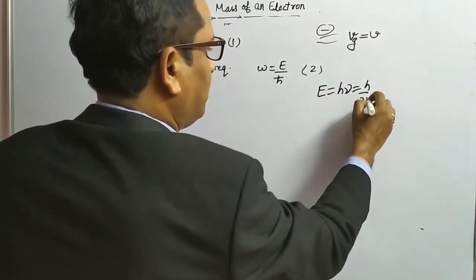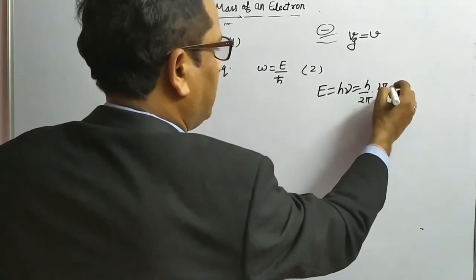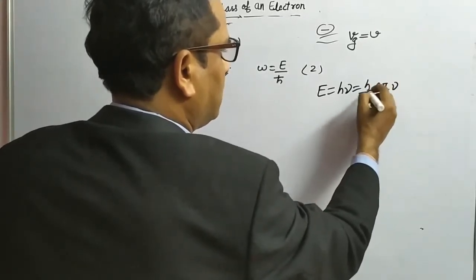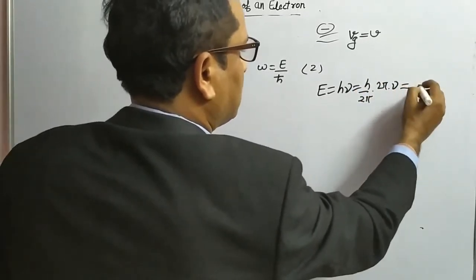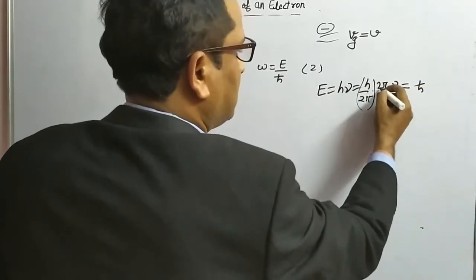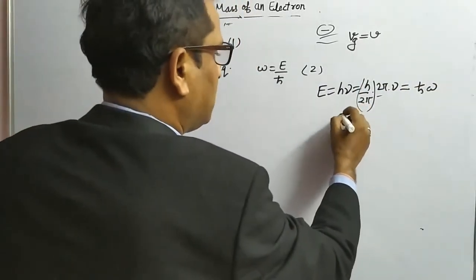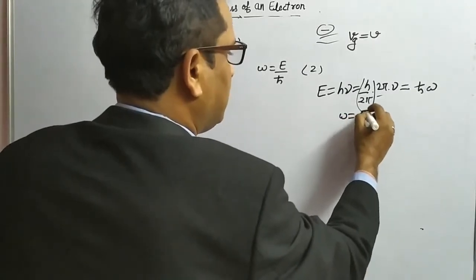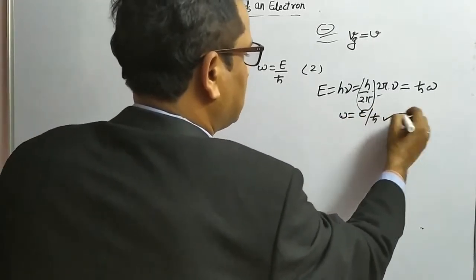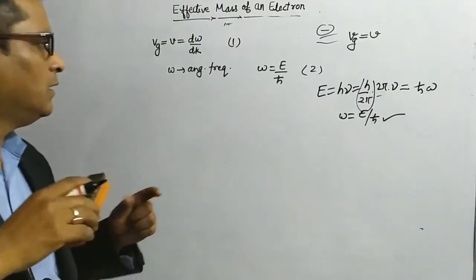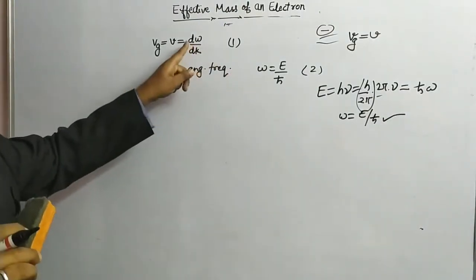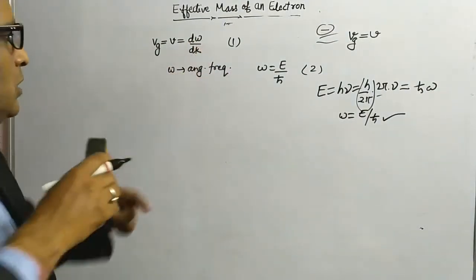I divide it by 2 pi, multiplied by 2 pi. Nu is there, so this becomes h cross, and this is omega. So from here I have omega is equal to E by h cross. So this I can use in this group velocity equation.